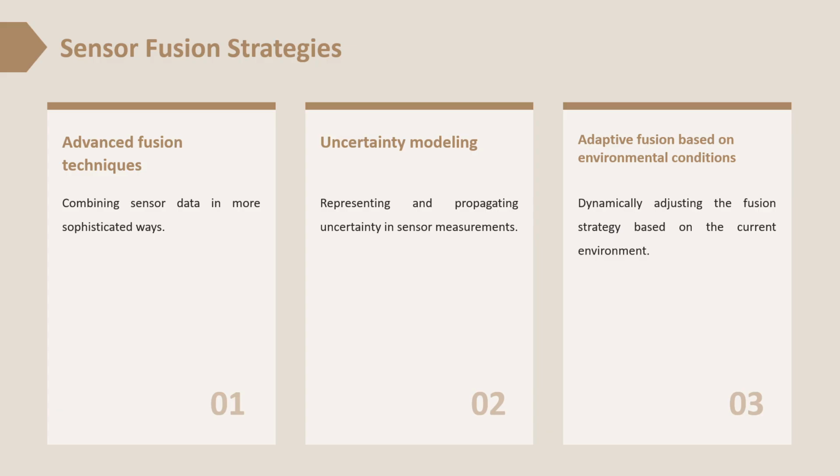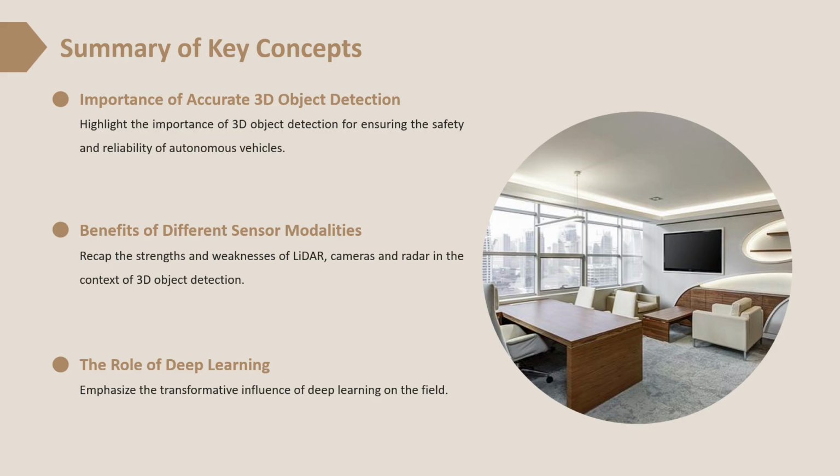We also have sensor fusion strategies, advanced fusion techniques which combine the sensor data in more sophisticated ways. Similarly, we can model uncertainty, which represents and propagates the uncertainty in sensor measurements.